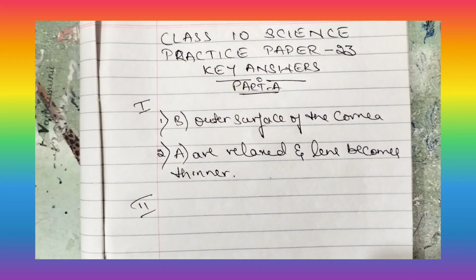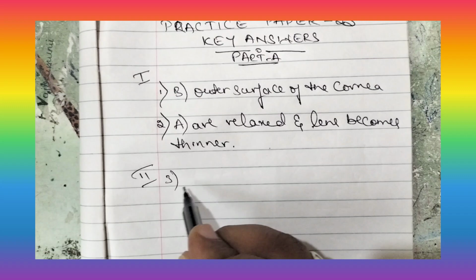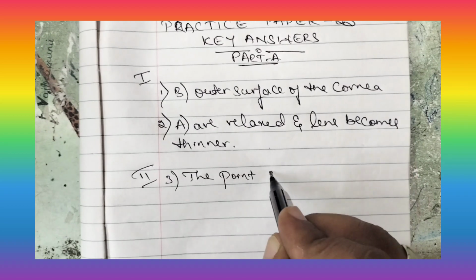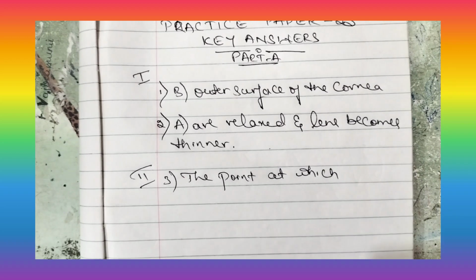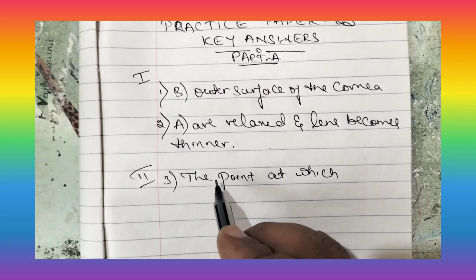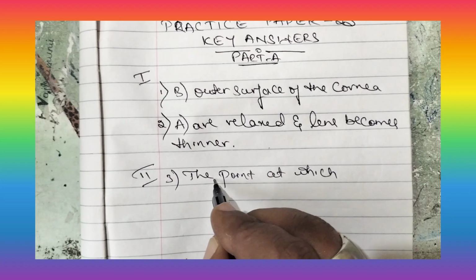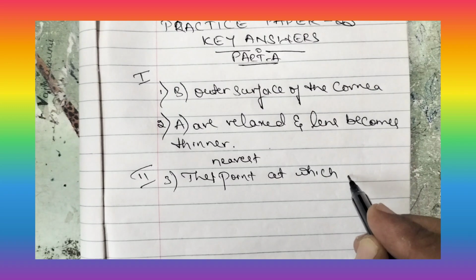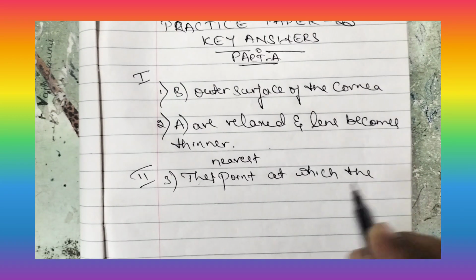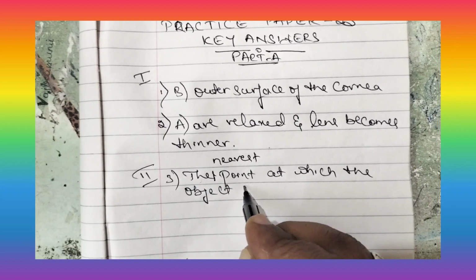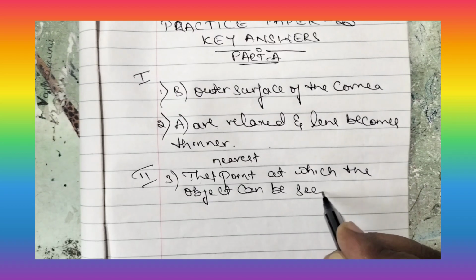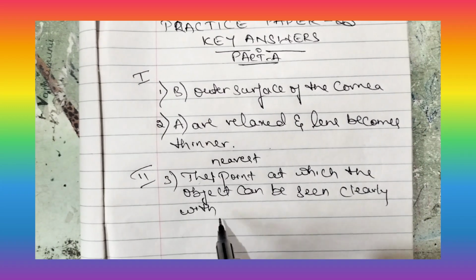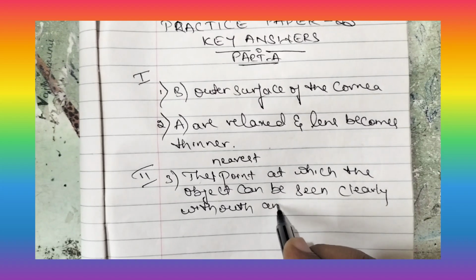Near point is defined as the nearest point at which the object can be seen clearly without any strain.